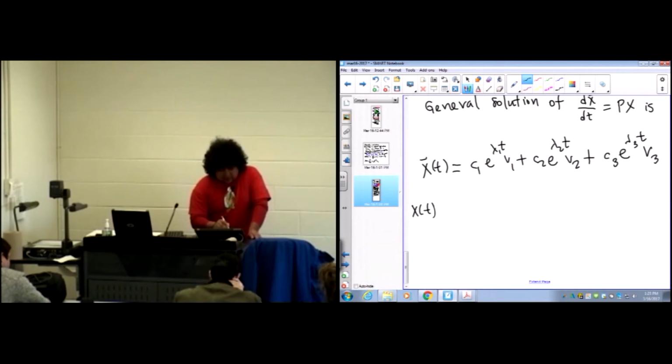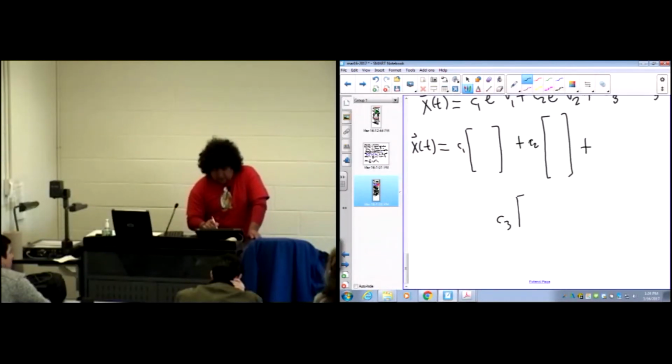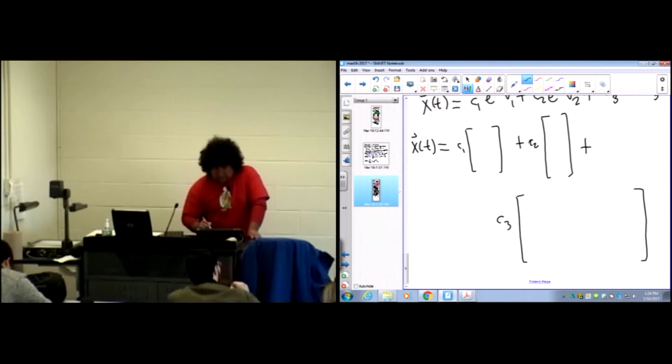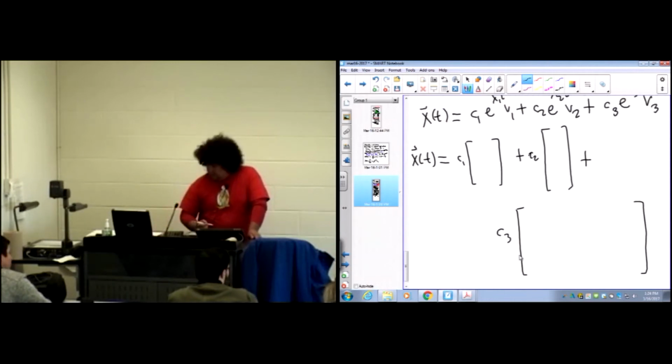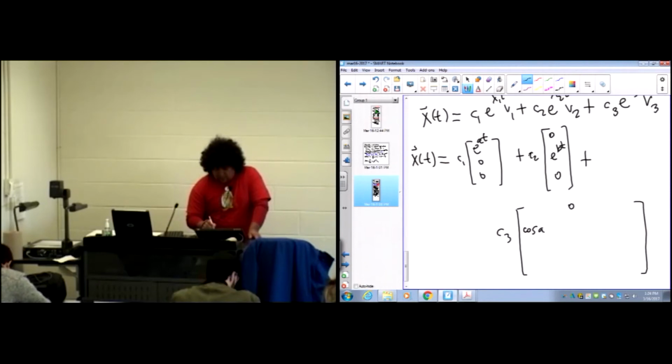The second vector is 0, e to the bt, 0, and the last vector is 0, cosine at plus i sine at, right. So this is the last calculation we did here. So we have minus a sine at minus b cosine at, plus i times a cosine at minus b sine at.